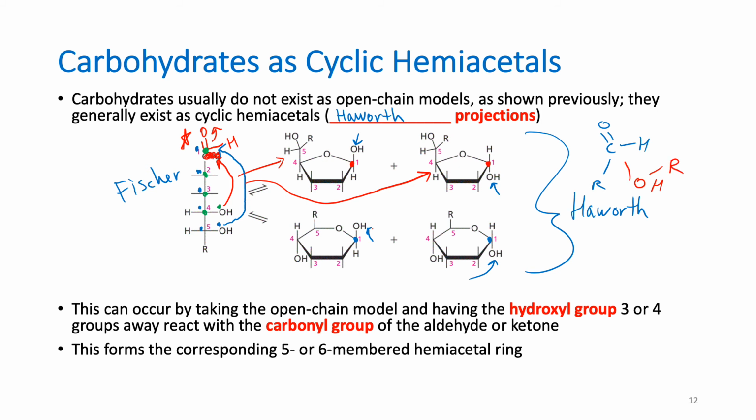Let's say it approaches the front. You might get one of those anomers, with the OH at the top or bottom. But let's say a very similar thing happened, but this time it approached from the back. You would get the other version. So depending on the direction of the attack, that will tell you if it's the up version or the bottom.